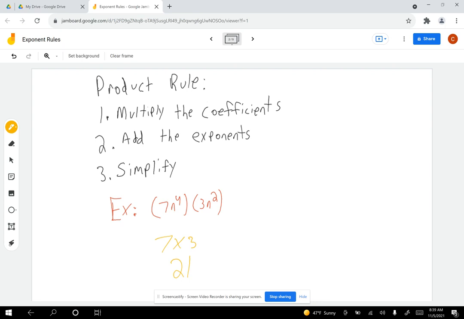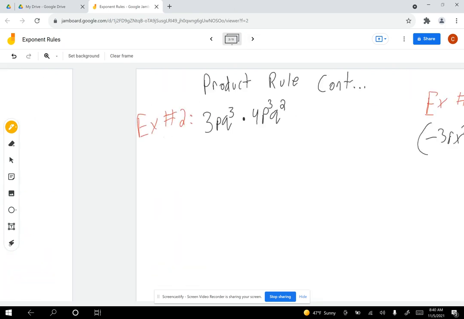Then I'm going to take n to the fourth and n to the second, and I'm going to add them, which will give me 6. So my answer is going to be 21 n to the 6. And that is completely simplified. There's nothing else that I can do. That's essentially what you're supposed to do with the product rule.